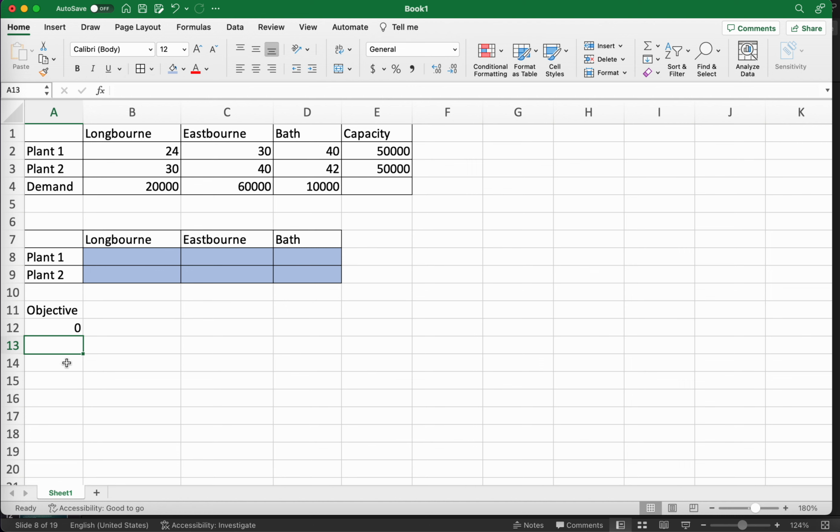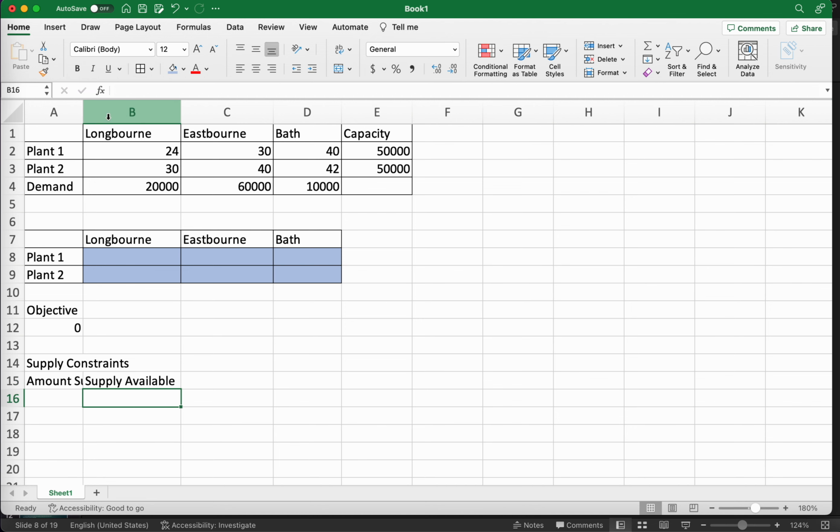Now the constraints. You have two supply constraints. So let's say supply constraints, spell it correctly. So we have the amount that is supplied and then the supply available.